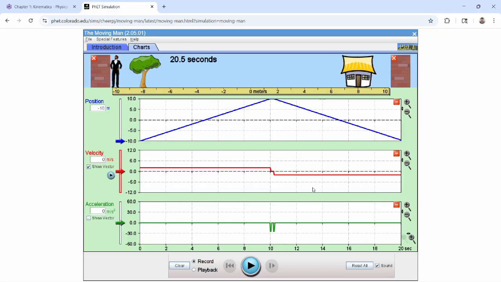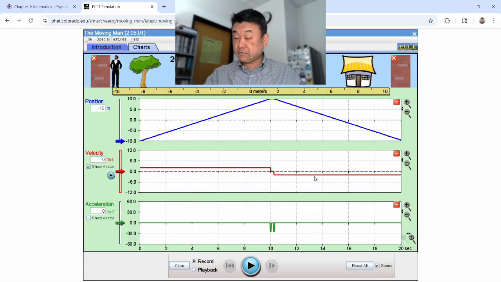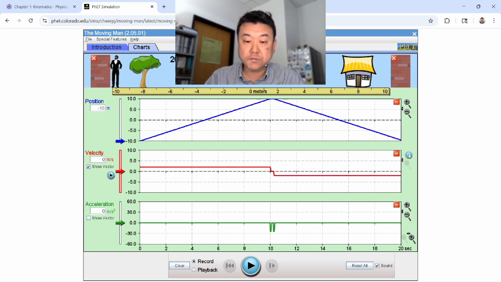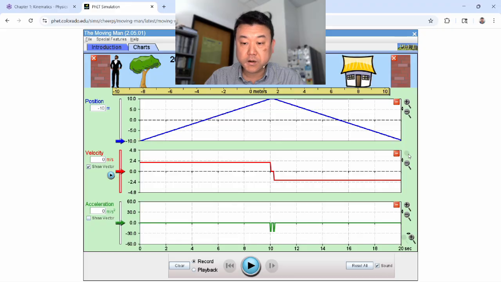All right, there it is. So this is a round trip, and this represents zero average velocity motion, because when you zoom in here, the portions where he had a positive velocity are cancelled out by the portions where he has negative velocity, and his displacement overall is 0 because he came back to the same point.